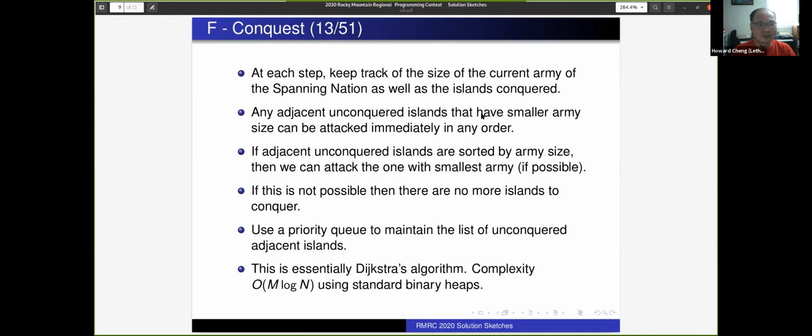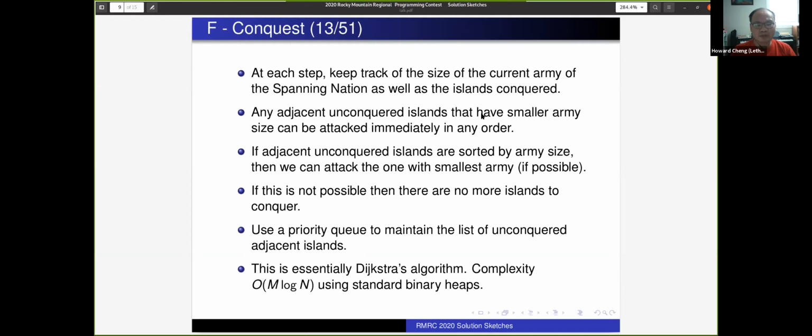Okay, so what's going on here is that you have this spanning nation that starts at island number 1 with a certain army size, and they can attack any adjacent islands as long as their army is smaller than the total army size of the spanning nation. And if you attack, then you eat up the army, and your army increases by that amount.